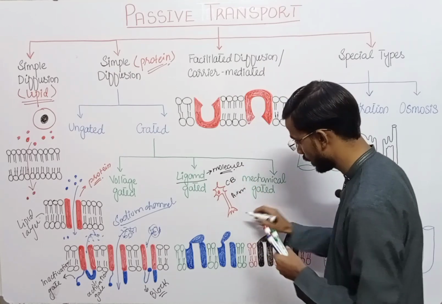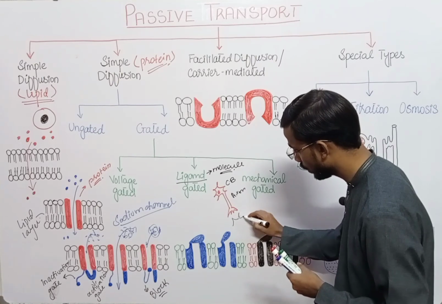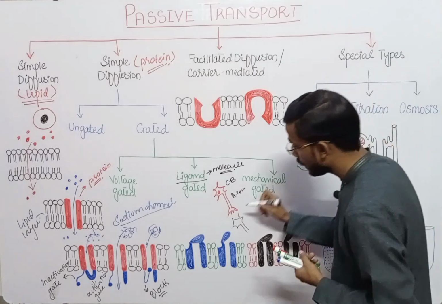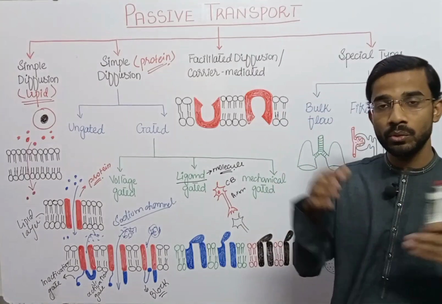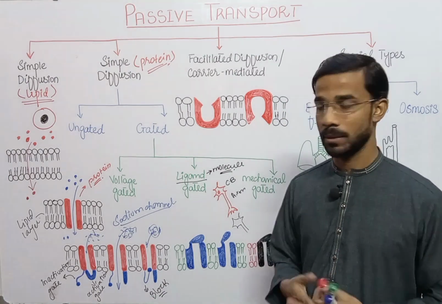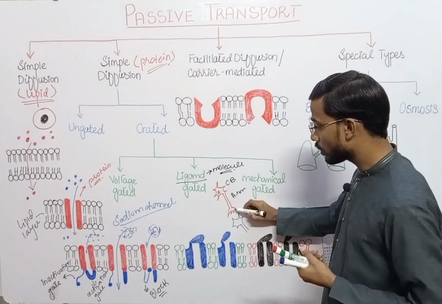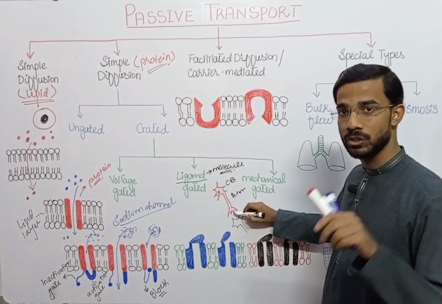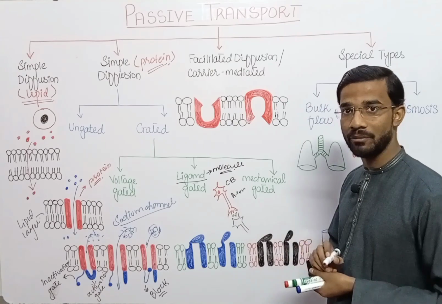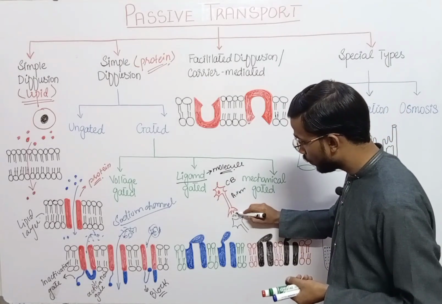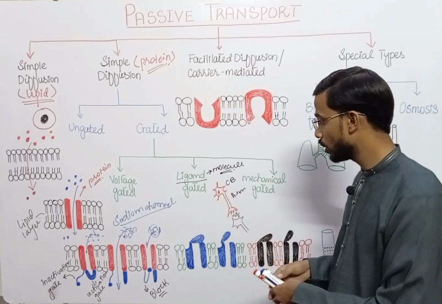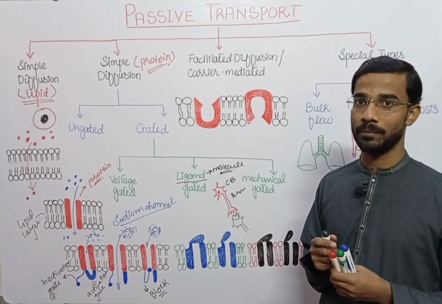Here is another neuron which is present, and the two neurons are joined by the synaptic cleft. Neurotransmitter which is released from the axon and moves into the synaptic cleft will enter into the dendrites of the next neuron through the ligand-gated channel.